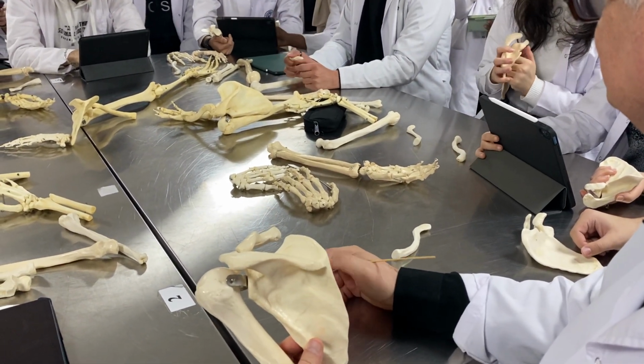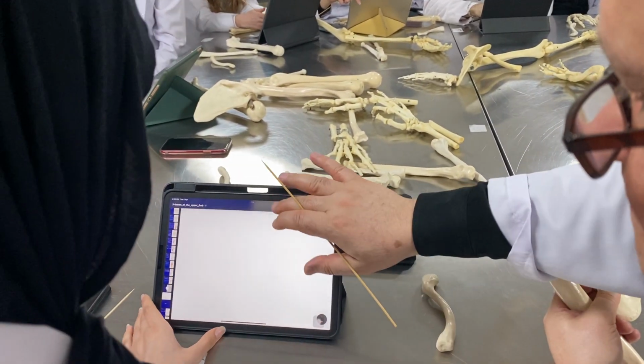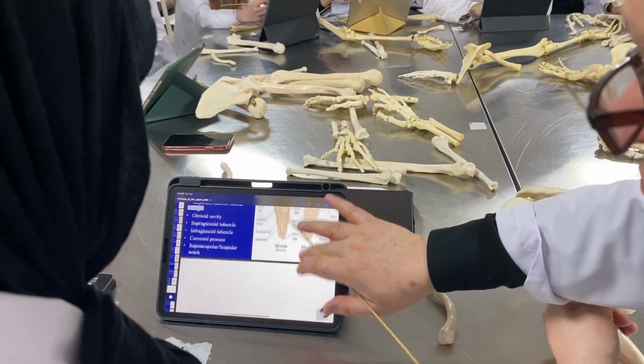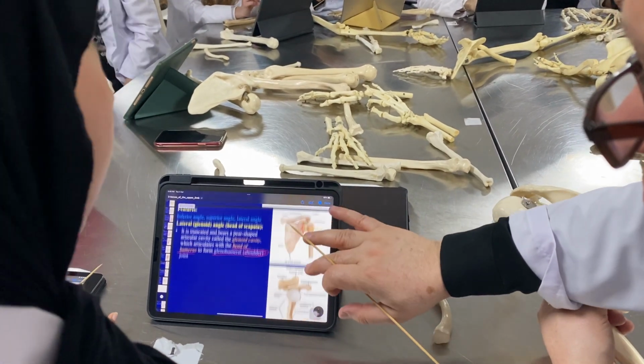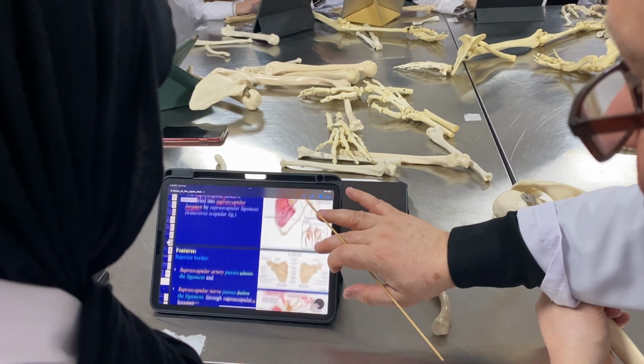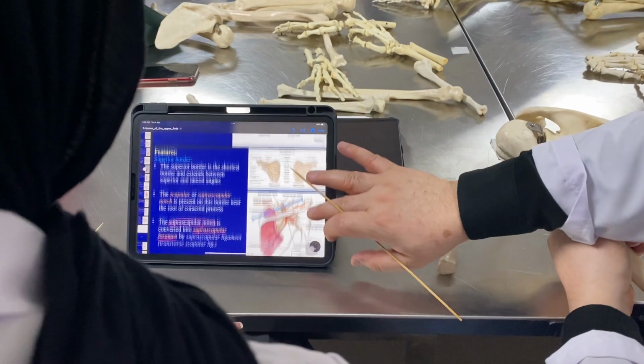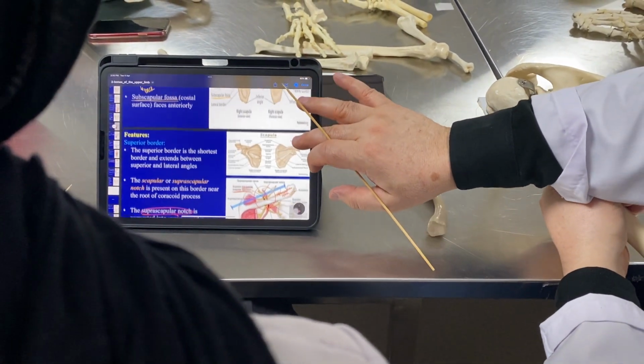No, we don't have it. We just have the subscapular fossa, infraspinous fossa. No lines.